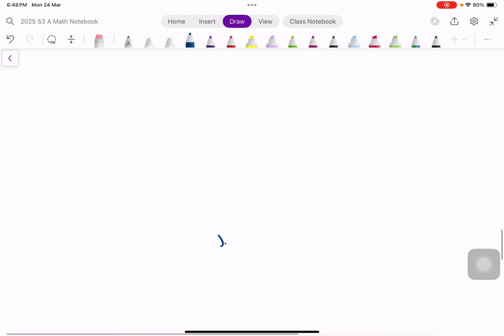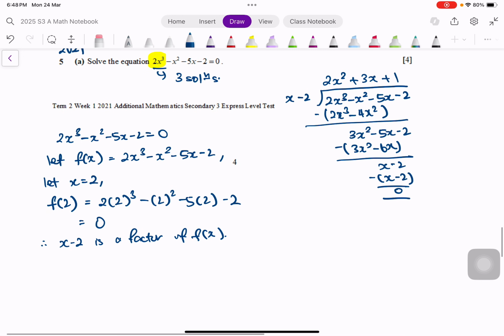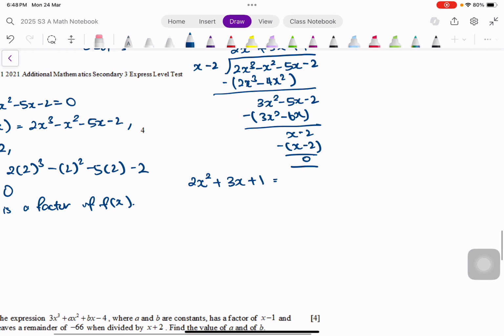After this, I realize that my other quadratic expression is 2x squared plus 3x plus 1. Then I need to factorize this.